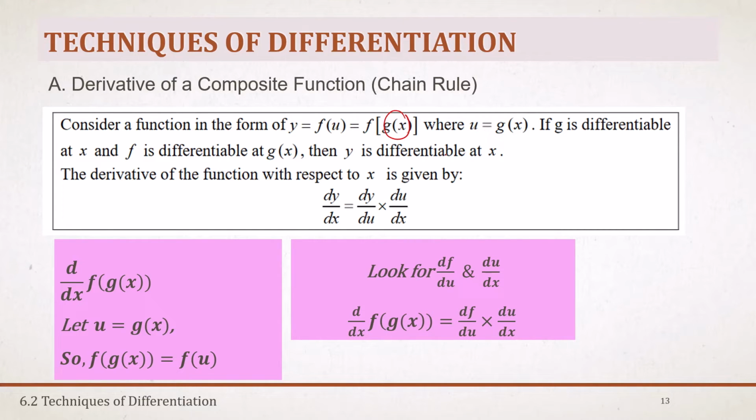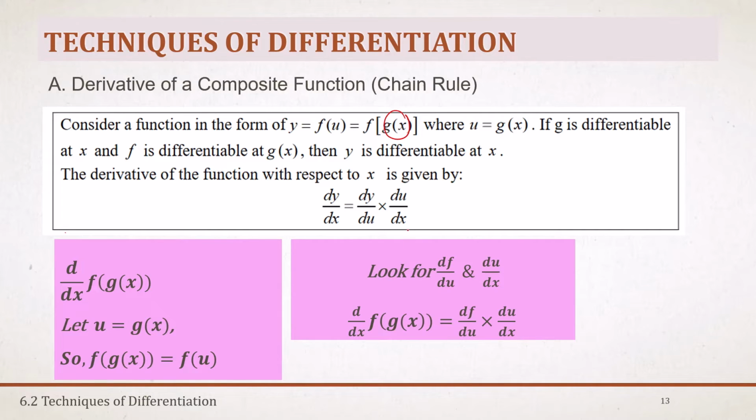Later on we are going to differentiate, and the differentiation here is based on dy/du. What does it mean? If I want to differentiate a function that is a composite function, where I have f of g, how I differentiate it is I let the letter u equal g(x). So my f of g becomes f(u).